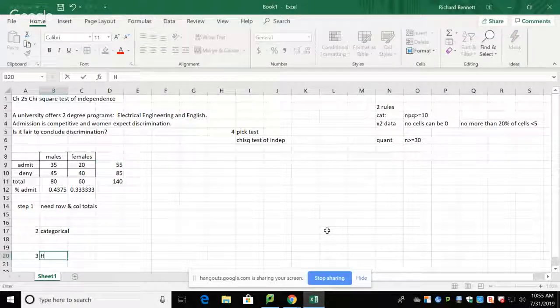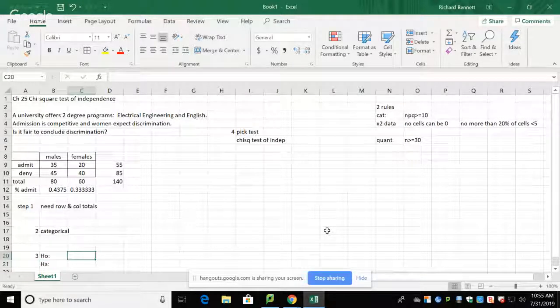You need the null and the alternate hypothesis. Now, this one breaks the rules. Rather than having an equal sign, you can actually write out a phrase. The phrase, you're going to want to use independent and dependent, but don't just write that. That's not good enough.